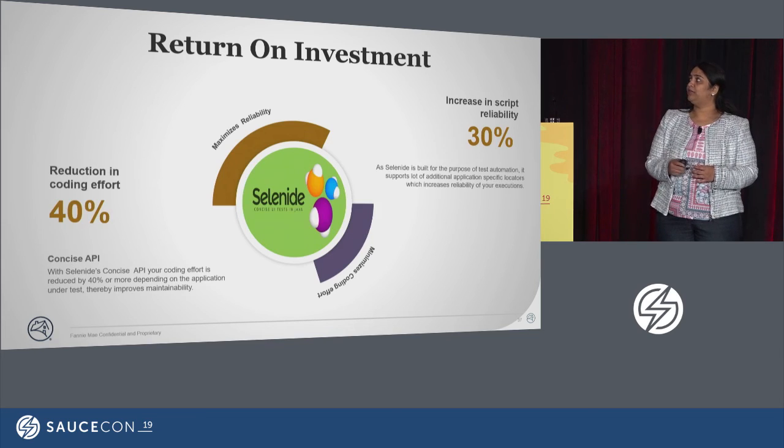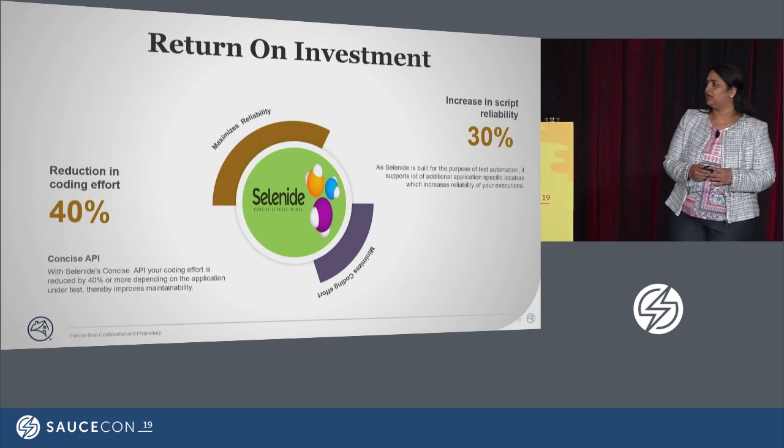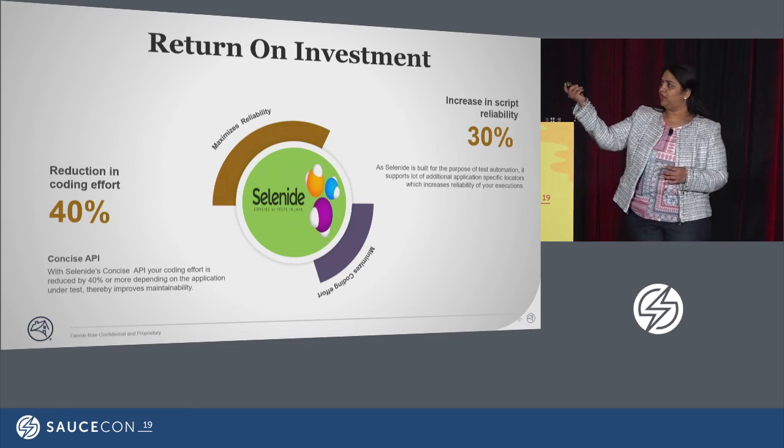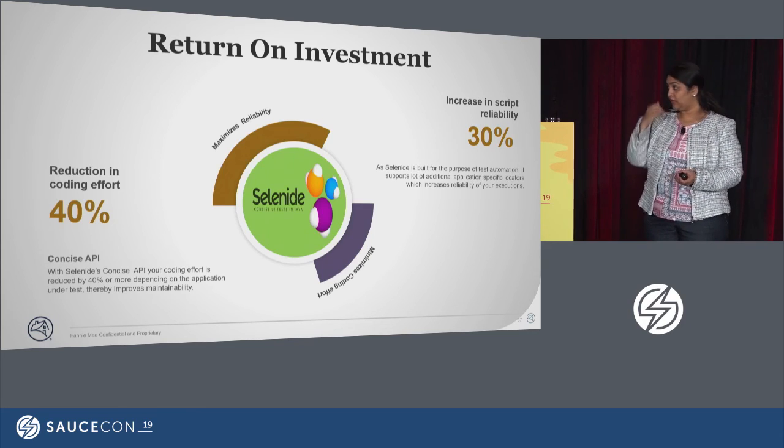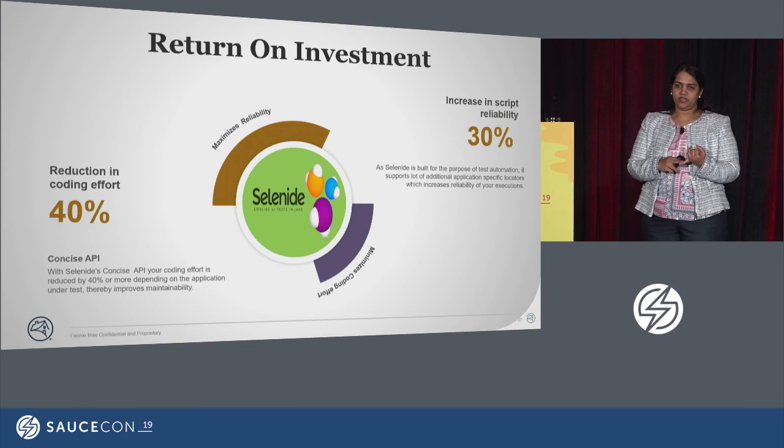And in script reliability, we were able to increase the reliability by 30%, because of the custom matchers or whatever additional selectors, and the inbuilt waiting mechanism and all other good features. And with the 40% reduction in code, you can generate a lot of metrics on top of it. You're reducing the maintainability time, you're reducing coding time, and there are so many other metrics that you can generate on top of that 40%.